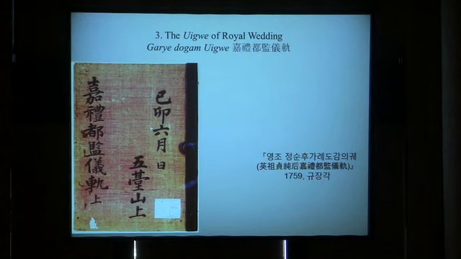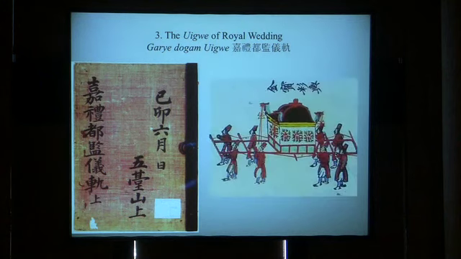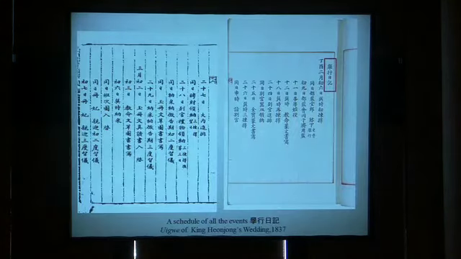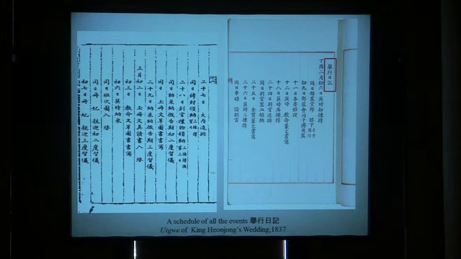And so I will show in a bit more detail the Uigwe of royal wedding, which is called Garedogam Uigwe in Korean. So the book usually starts with the list of officials in charge, but I'm showing you the next section, which is called Goheng Ilgi in Korean, but it's the schedule of detailed stages of events.